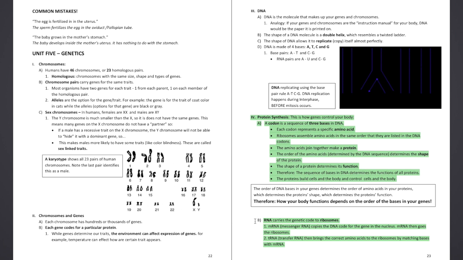B. RNA carries the genetic code to ribosomes. 1. mRNA, messenger RNA, copies the DNA code for the gene in the nucleus. mRNA then goes to the ribosomes. 2. tRNA, transfer RNA, then brings the correct amino acids to the ribosomes by matching bases with mRNA.